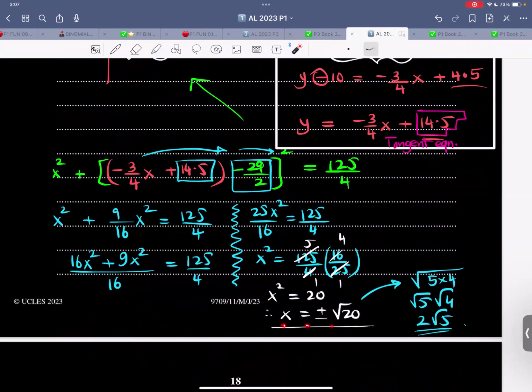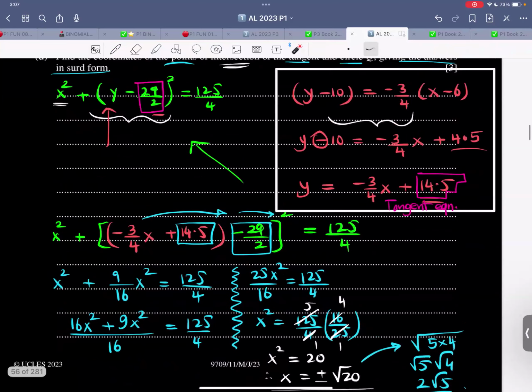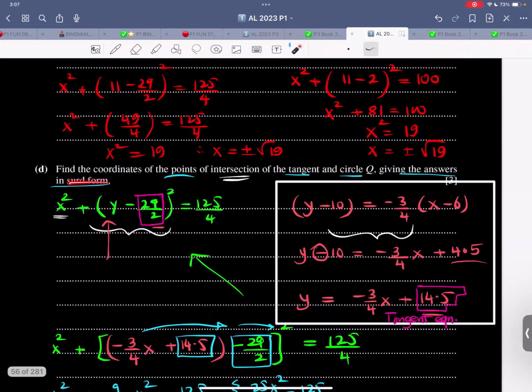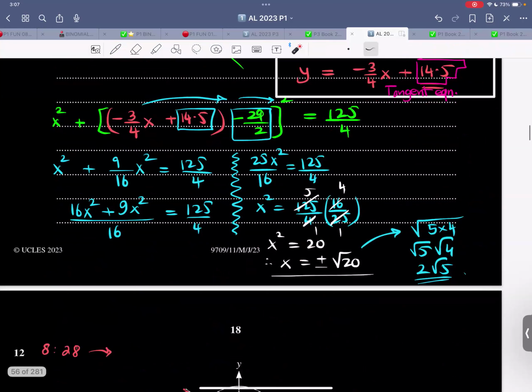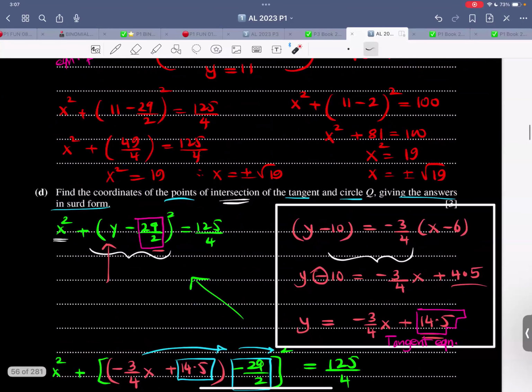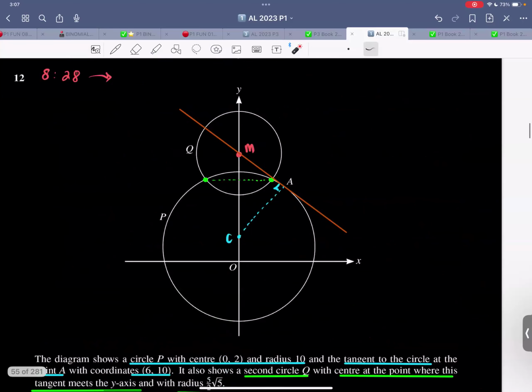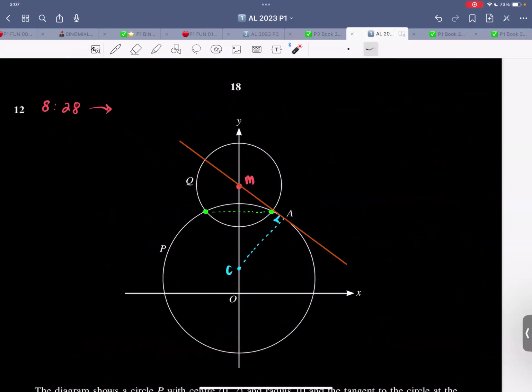So x comes out to be plus or minus root 20, which is written in surd form. 20 is 5 times 4, so root 5 times root 4, and root 4 is 2 root 5. That is the answer for the x coordinates of the points of intersection in surd form.